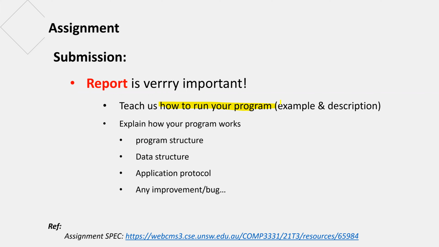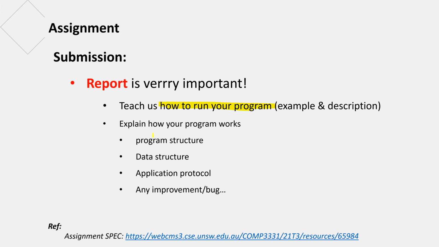And it's like a waste of time on this kind of stuff. Even if we finally fix the problem, you may lose some marks. So just specify how you run your program with some examples and description, just like a document.